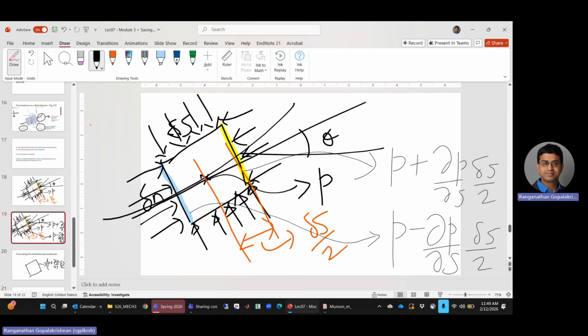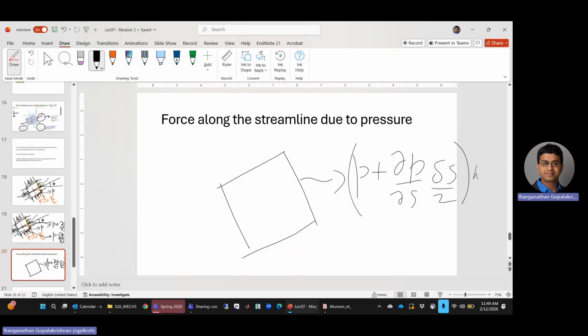It would involve delta N times a width. I'll write width multiplied by delta N. Pressure times area gets you force. Okay. What will be the force on this face?